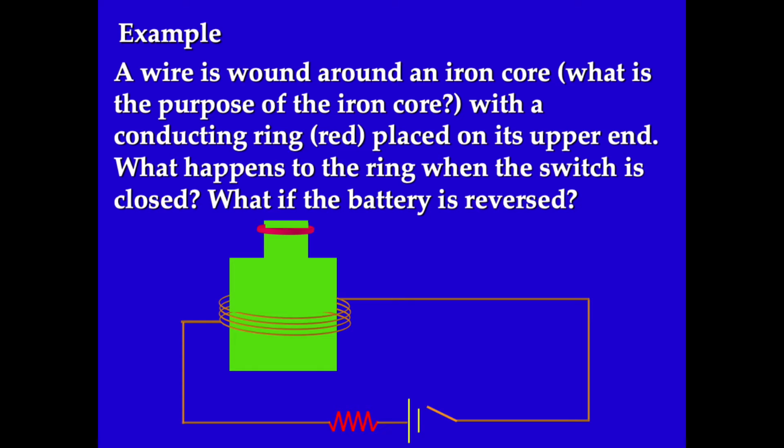What happens when I close a switch and power up the coil that goes around the iron core? Well, we're going to have a changing flux. That changing flux is going to induce a current in that red ring.